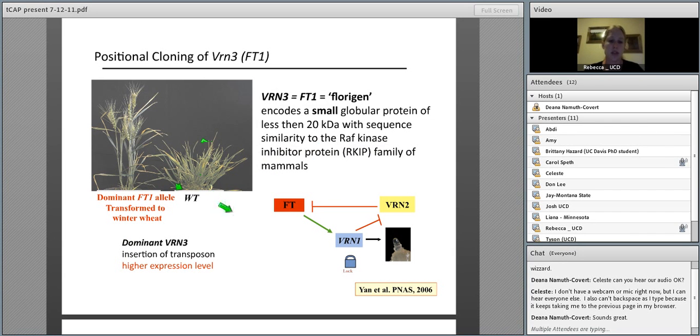This florigen is a small protein that is part of the RKIP family in mammals, a kinase inhibitor protein. Here, the dominant VRN3 is the insertion of a transposon, or in the case of barley, we see several SNPs that we believe are linked to this early phenotype. And you do see a higher expression level of FT at this point.